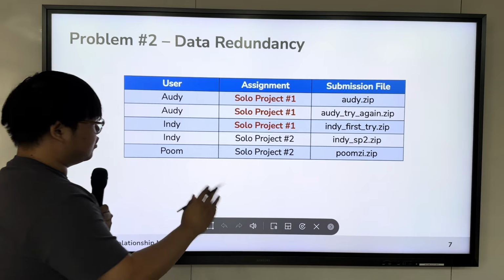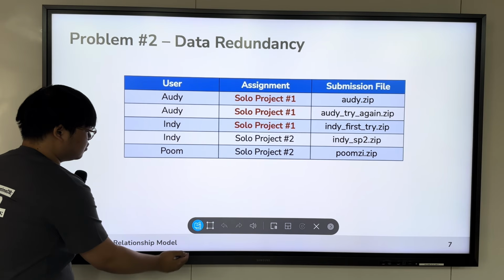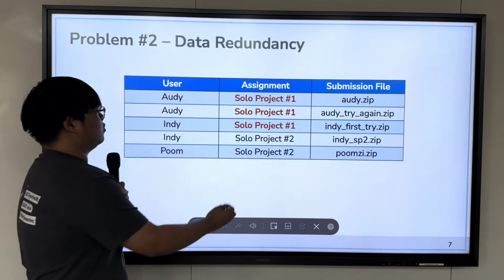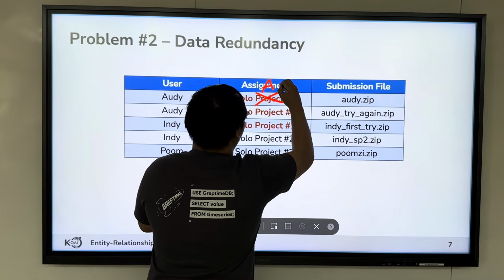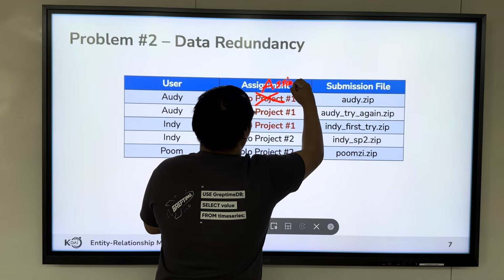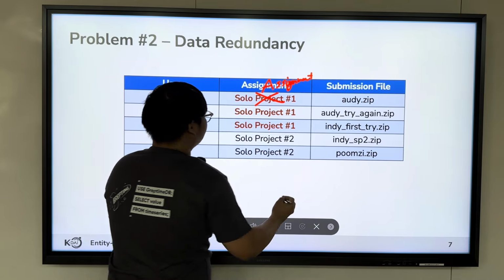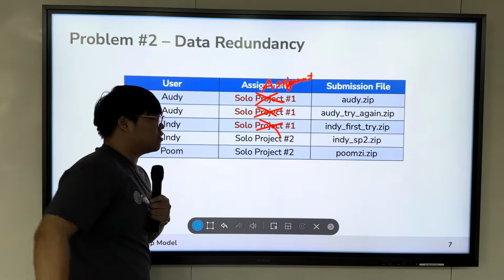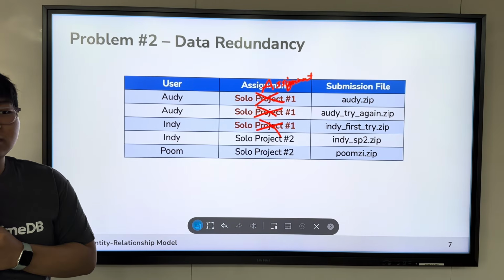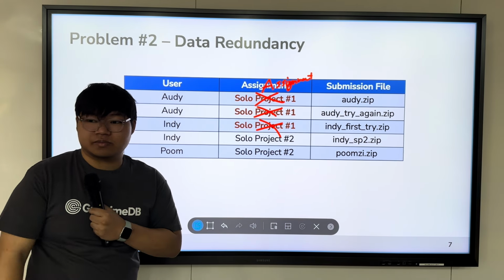So I need to fix it 3 times, right? I need to rewrite this table 3 times.